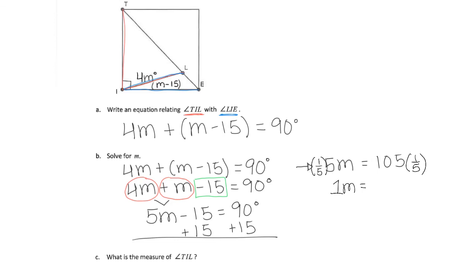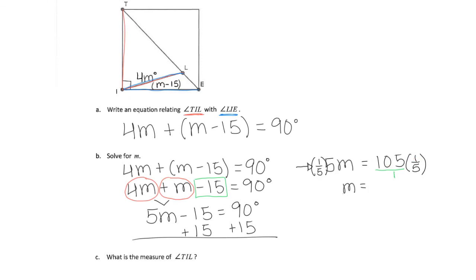And technically, you do not need to write the 1 in front of the m, but if it makes you feel comfortable, go ahead and do so. So now I have m equals 105 times 1/5. Now here we have a whole number times a fraction. And to get that whole number to be a fraction, we can put a 1 underneath of it. So now I need to multiply my numerators and my denominators. For my numerators, I have 105 and 1.